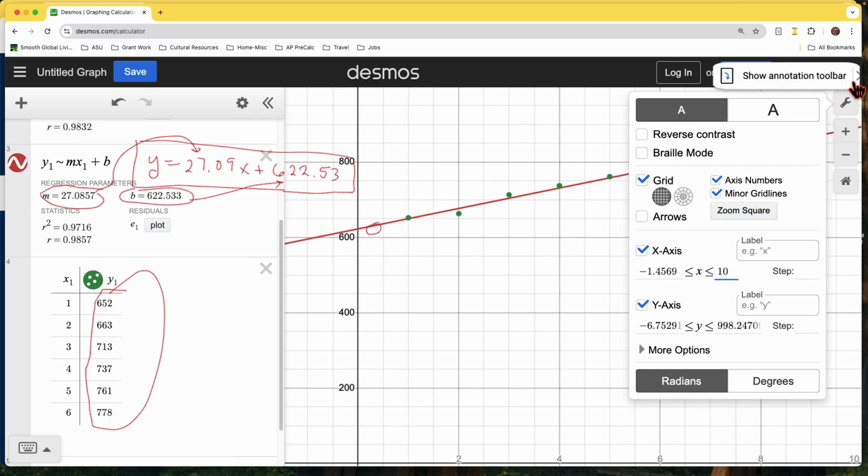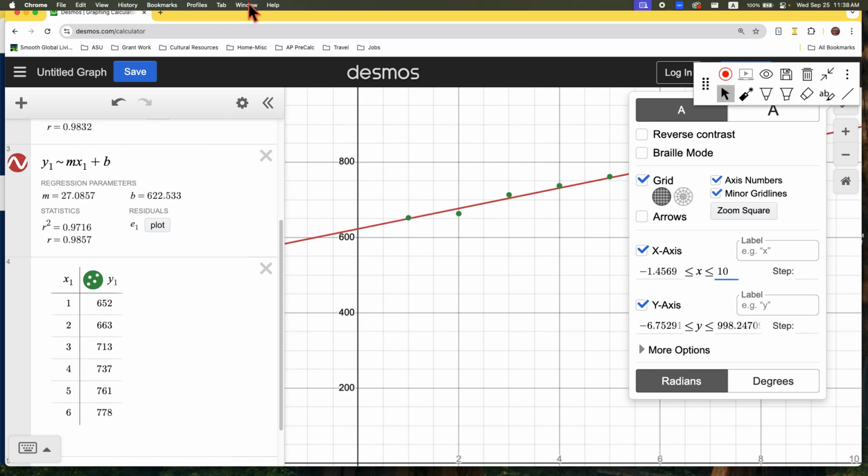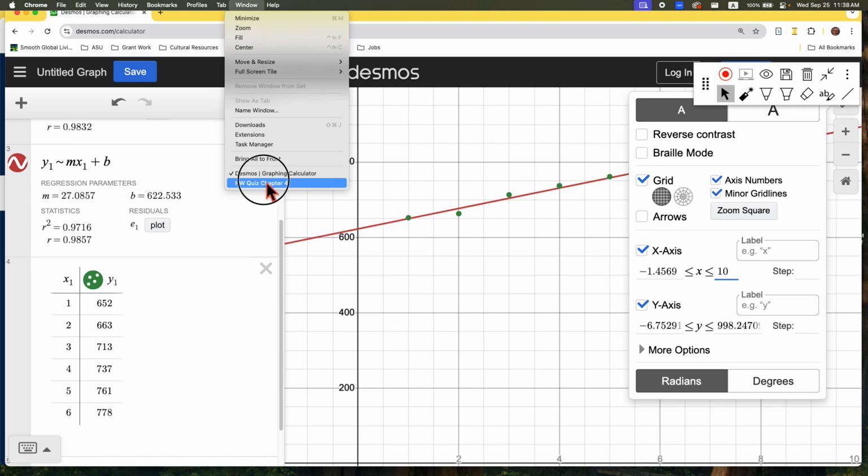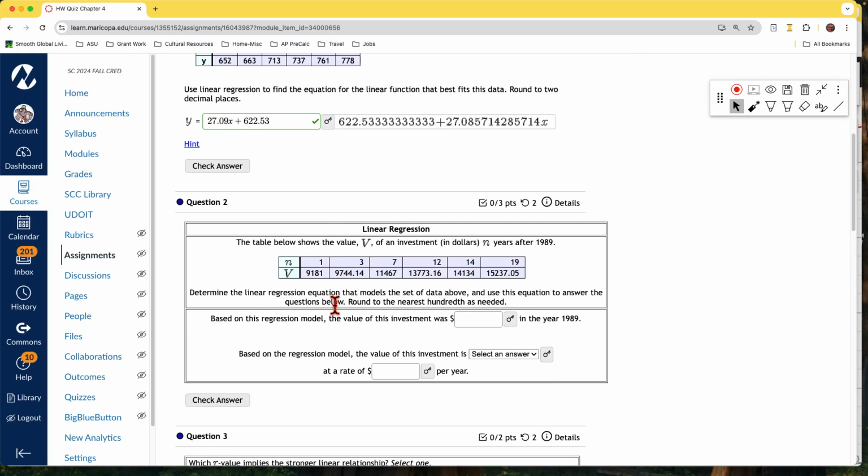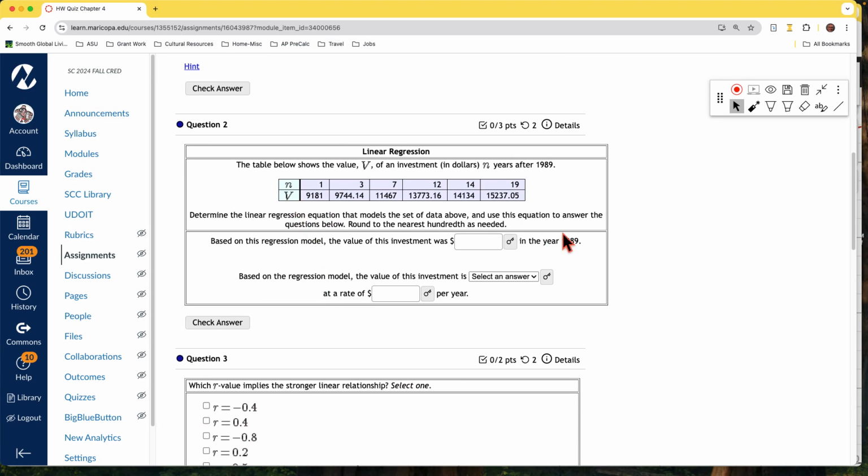So let me clear out this data. Go back and see this question 2. You'll see we got data, right? And this time, determine the linear regression equation that models the set of data above. Use this equation to answer these questions below.